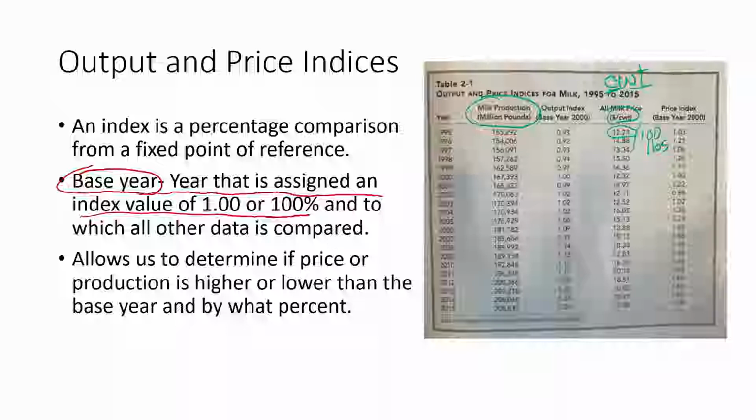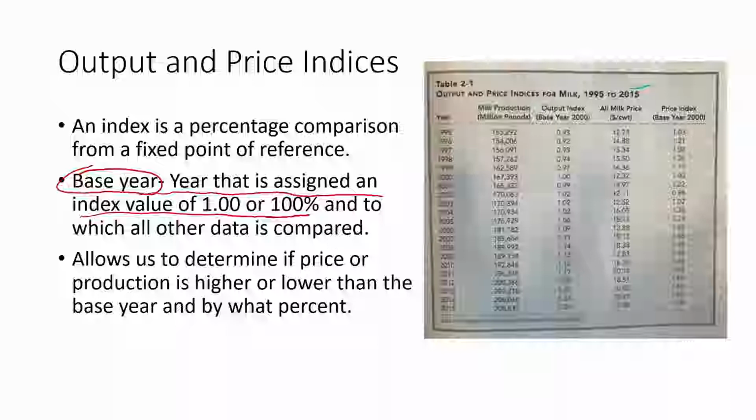Our production is the same as output, so we're using those two terms synonymously. We're saying our output in pounds, or in this case in millions of pounds, is going to be translated as our output.